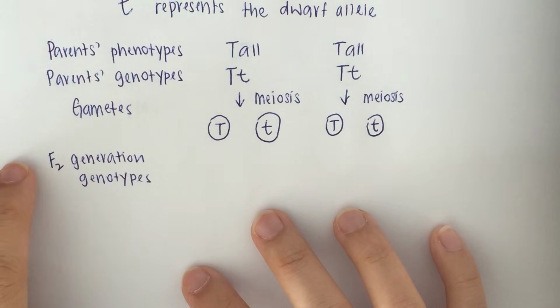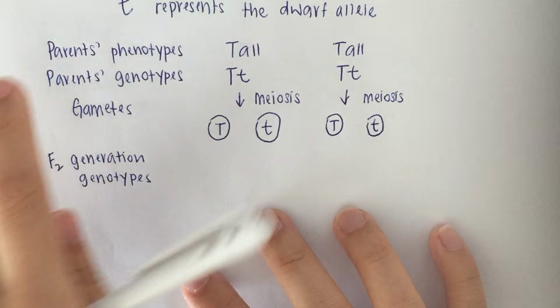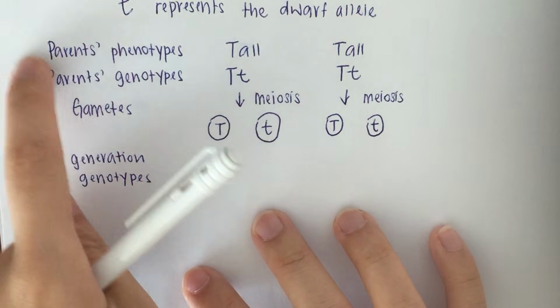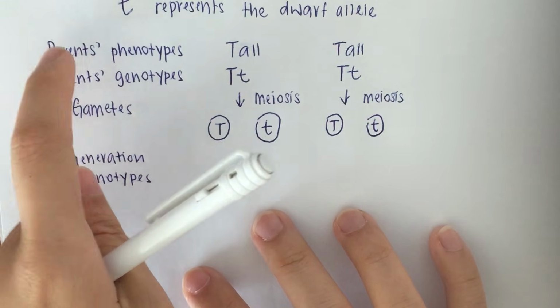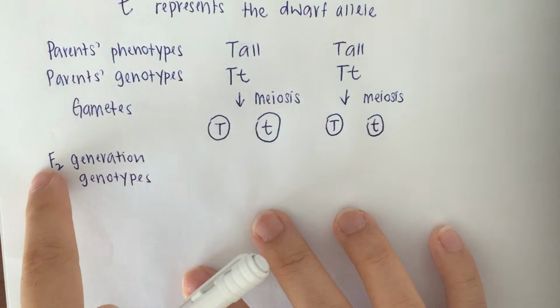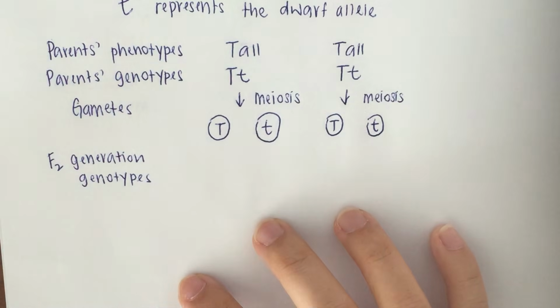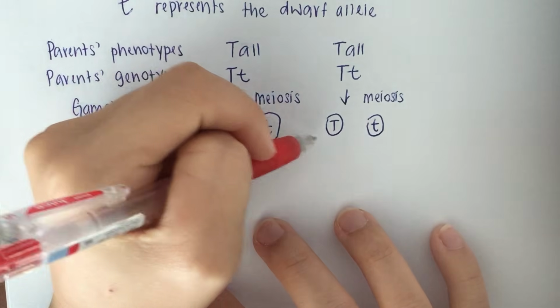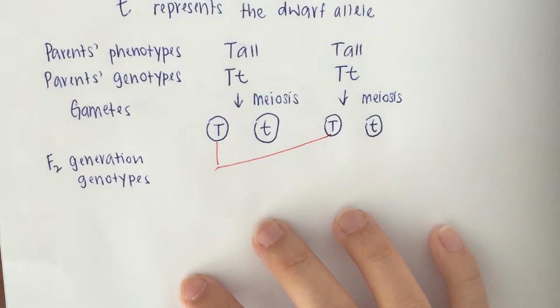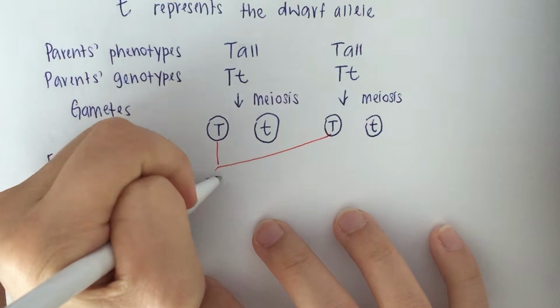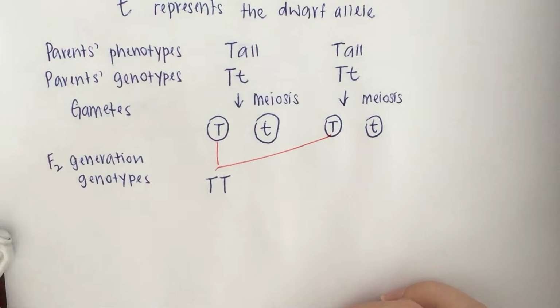The reason why we indicate F2 is because the parents are actually the F1 generation offspring. So this is the F2 generation genotype. So you perform the same treatment. This gamete fuses with this gamete and you obtain this genotype.